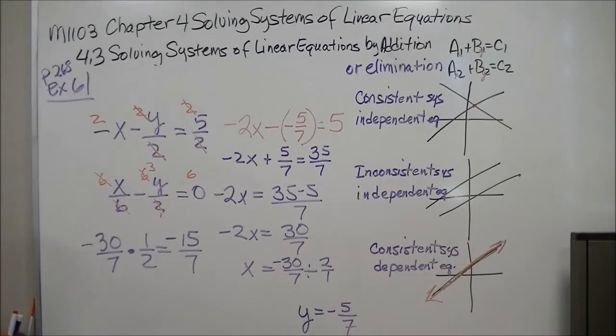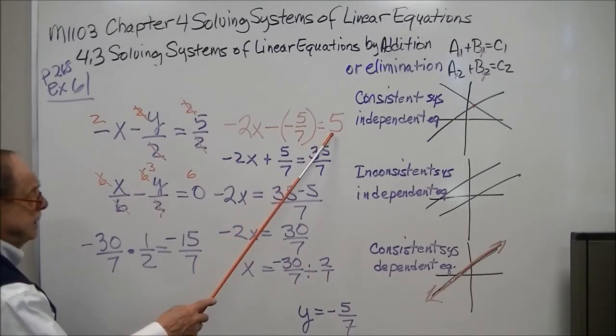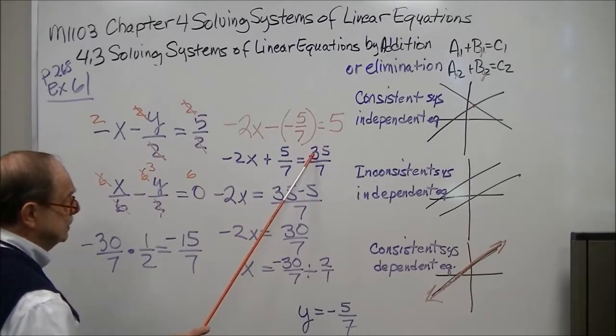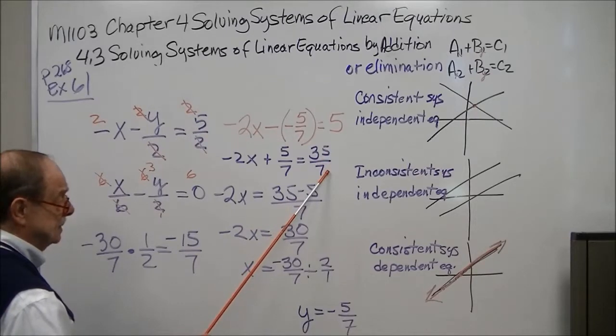Now this one, as you see in your textbook, takes almost a full page. This was our original. We did solve that y was a negative 5/7. I then took this value for y and went up into one of our modified equations. Then I converted this to a positive, and I changed the 5 to 35/7.